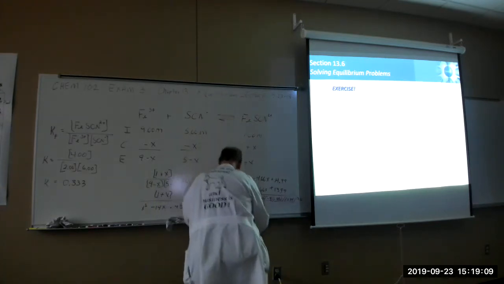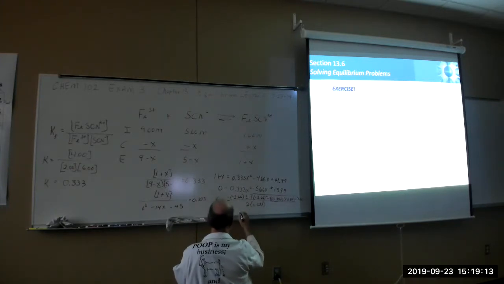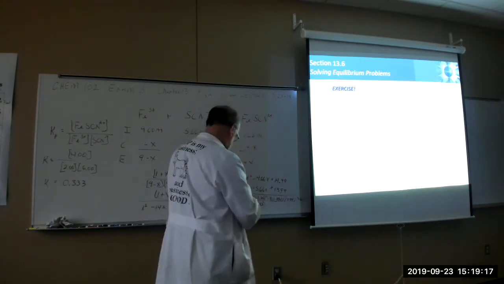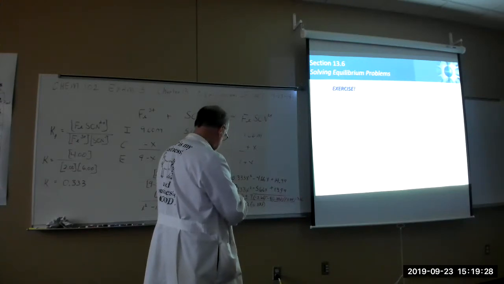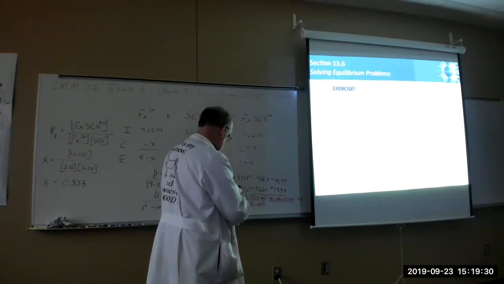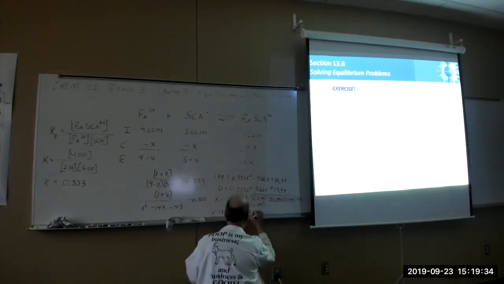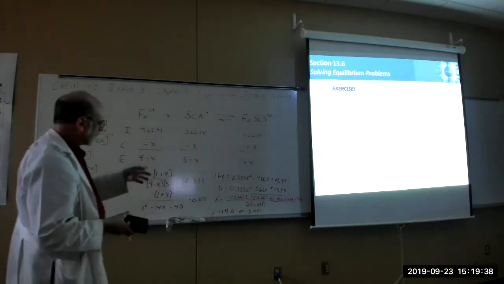So one possibility is 14.0, or 5.66 minus 3.66, then divided by 0.333, this is 3.00. Okay? So it's either 14 or 3.